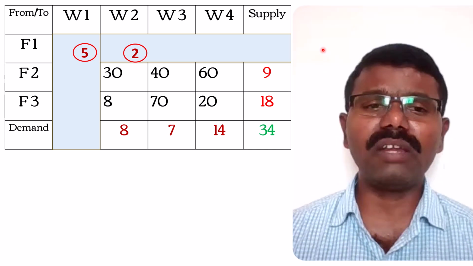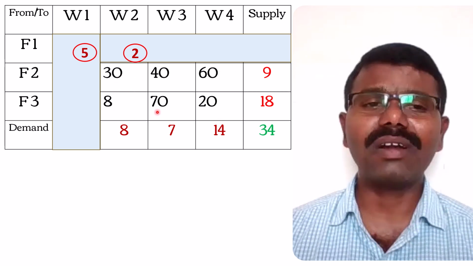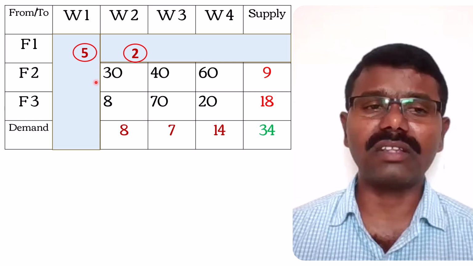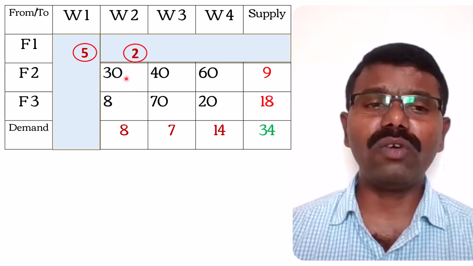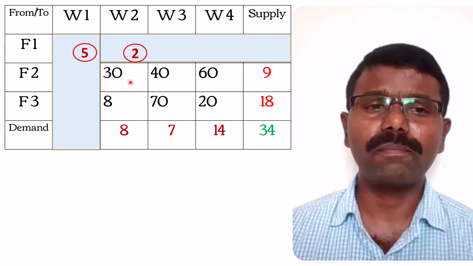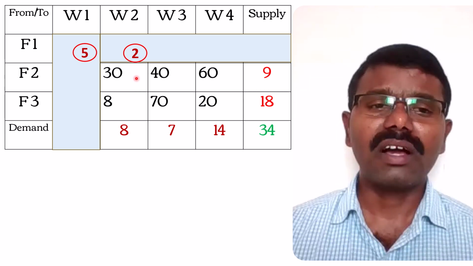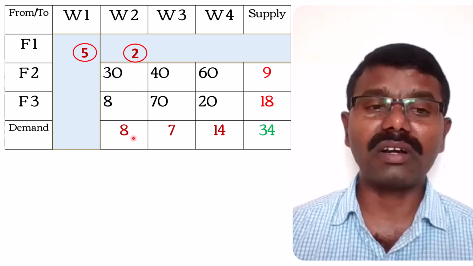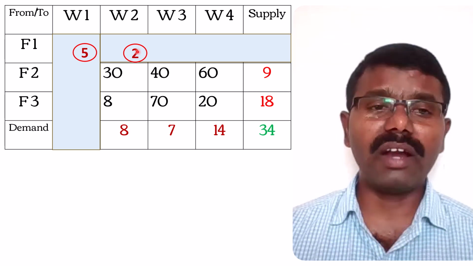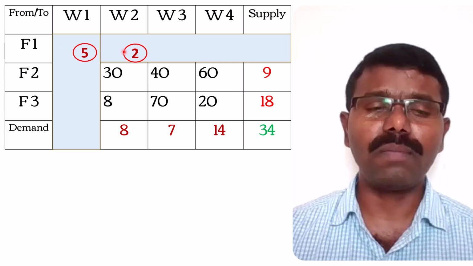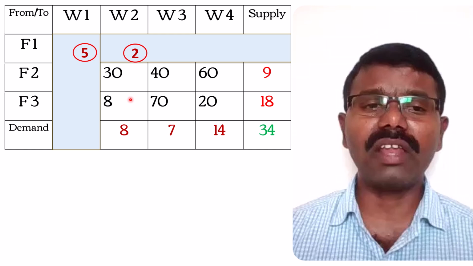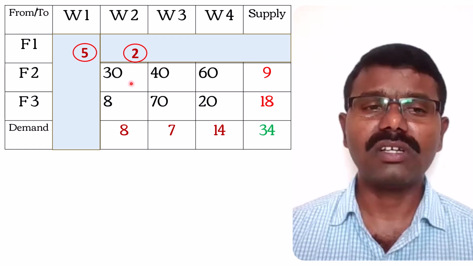Then we need to look at this 3 by 2 matrix, and out of this matrix we need to see what the top left corner is, that is this corner, and now we need to assign units to this cell. This cell has a demand of 8, but out of 8, 2 are already given from factory 1, but the remaining 6 we can assign to this cell.